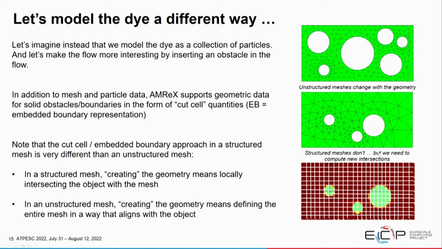You're recomputing intersections, but it's a much, much quicker process to define these intersections. So again, in the structured mesh, when you create the geometry, you're doing local intersections. In the unstructured, you're having to redo the entire mesh. There are losses of accuracy associated, depending on how high order a method you do. There are high order methods for algorithms, Poisson equation or flow around obstacles.